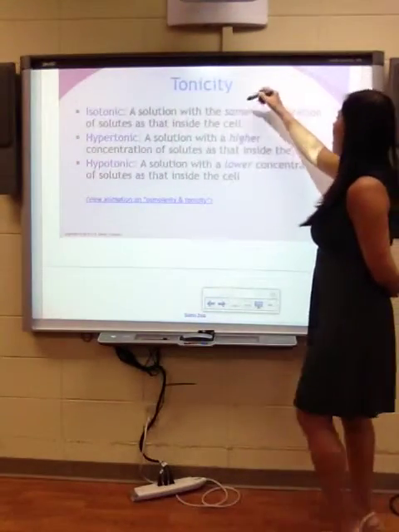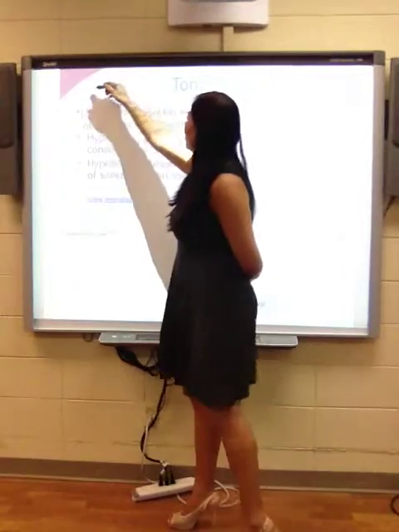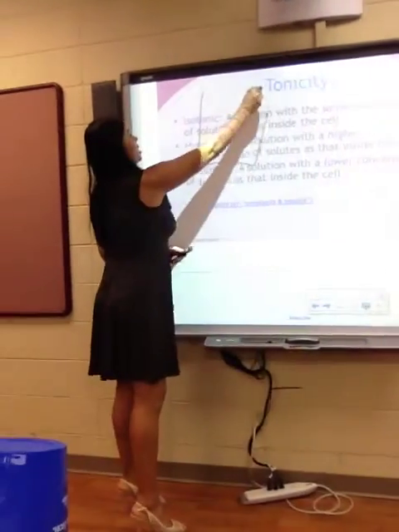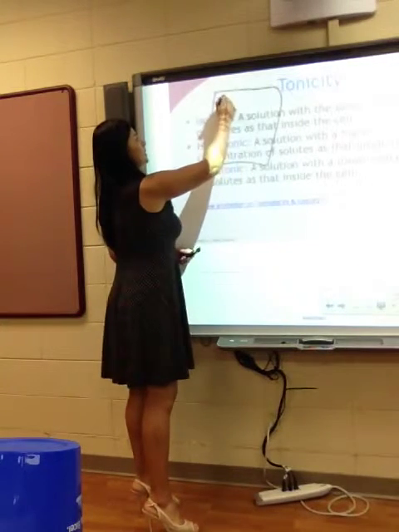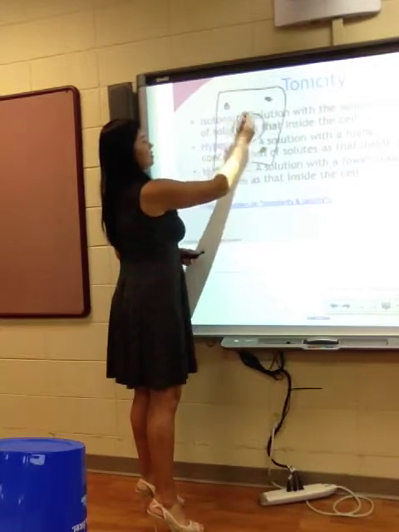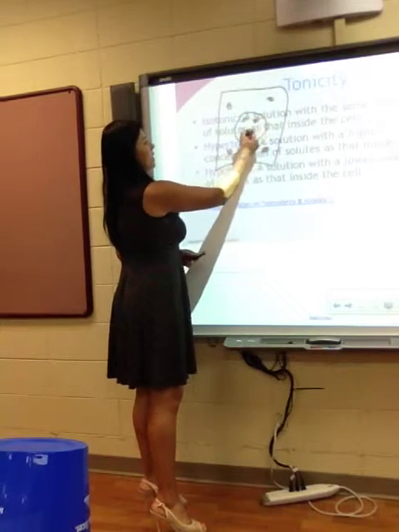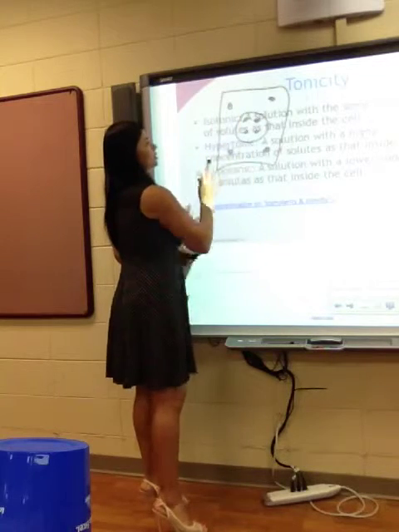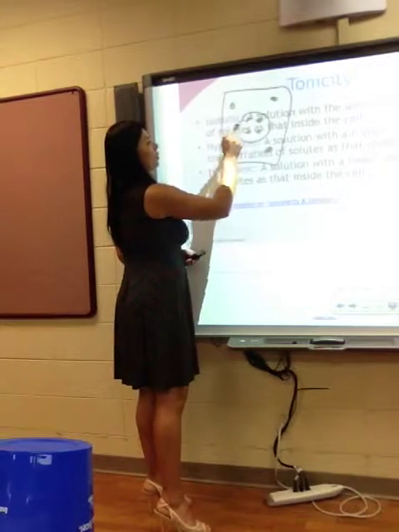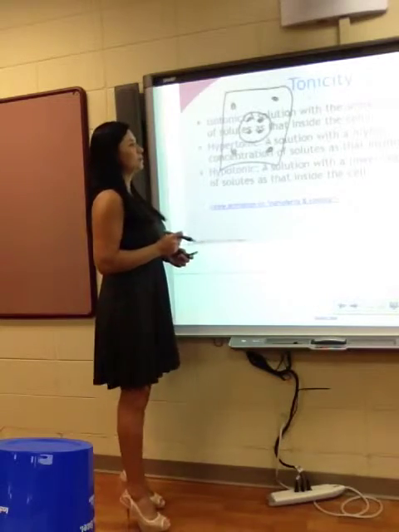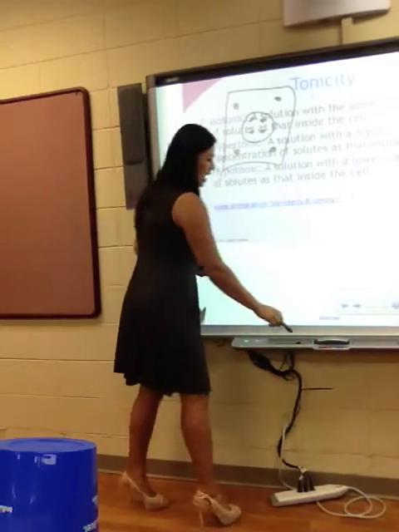With an isotonic solution, in an isotonic solution, same amount of particles in the solution as there are in the cell. So I've got 1, 2, 3, 4 particles in the solution, 1, 2, 3, 4 particles in the cell. Nothing changes with the cell. So we don't have fluid moving in or out.